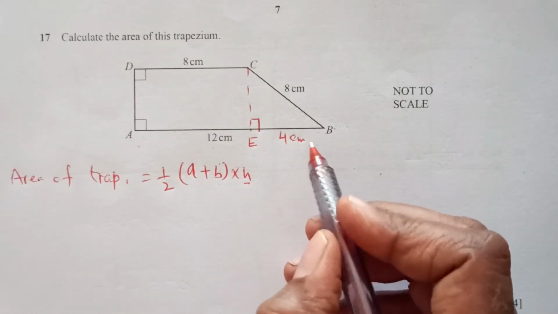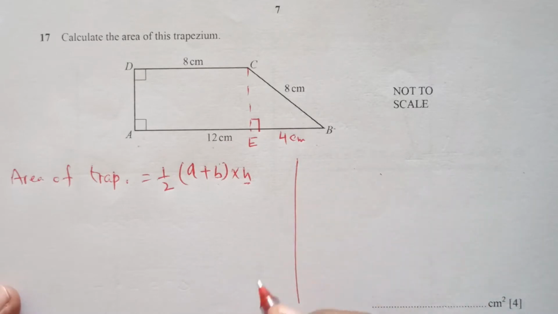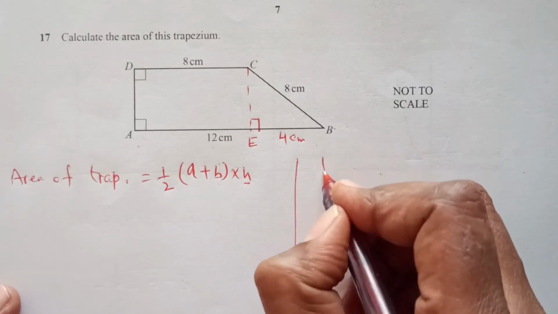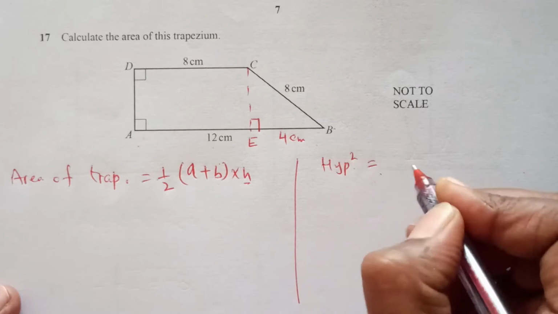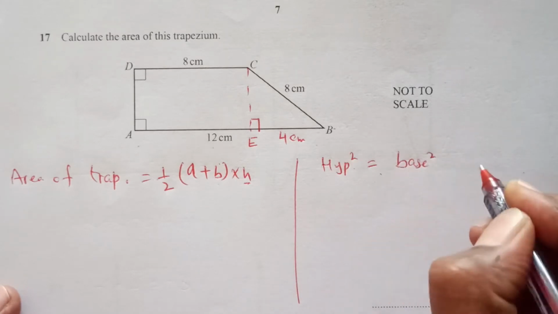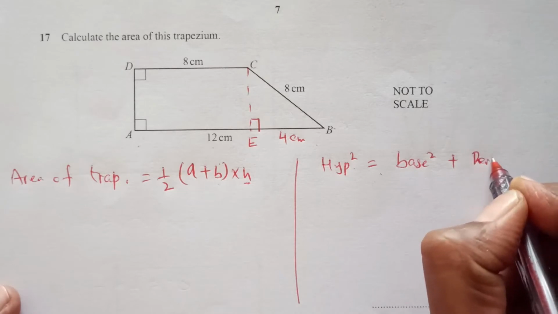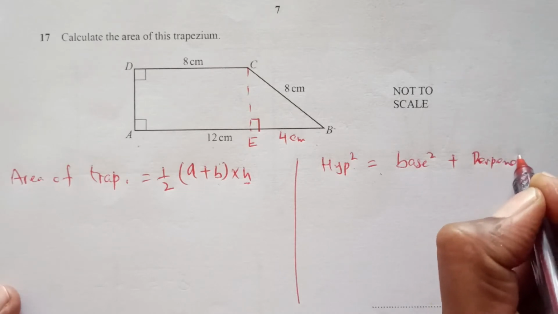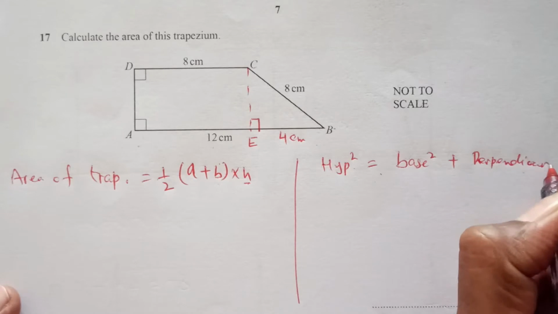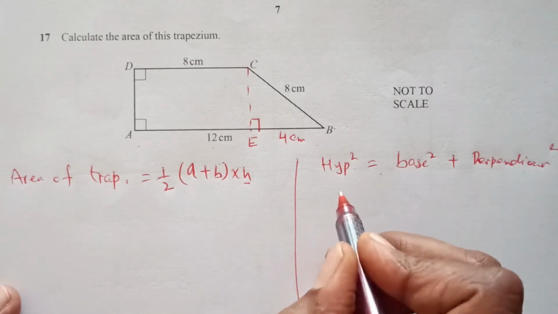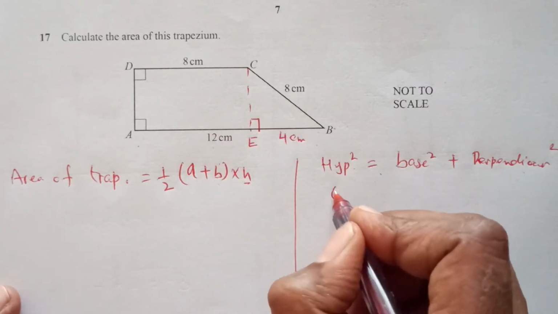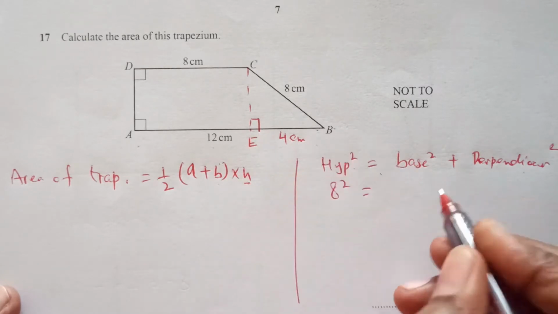So we can use Pythagoras theorem for this here. By Pythagoras theorem we have hypotenuse squared is equal to base squared plus height or perpendicular squared. So hypotenuse here is 8 squared, base we have 4.